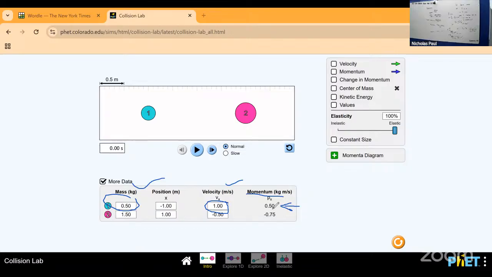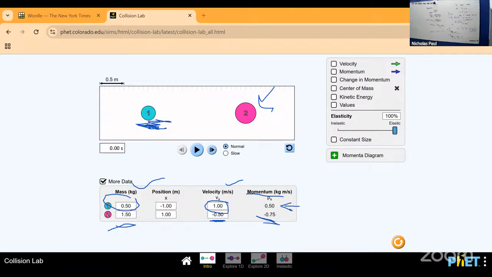So the momentum of this teal object is the mass times its velocity, which is 0.5. For the pink object now, the mass is 1.5 and the velocity is minus 0.5. So the momentum is the product of those two.